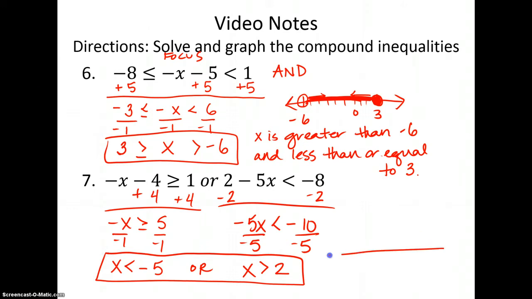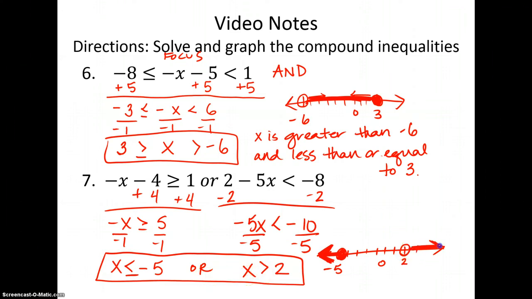So if we check this out on a graph, we're going to have -5, -4, -3, -2, -1, 0, 1, 2, 3. So we want x is, oh, I forgot my or equal to sign over here. So x is less than or equal to -5. So it's -5 and below. Everything below -5. Or x could also be 2 and above, greater than 2.